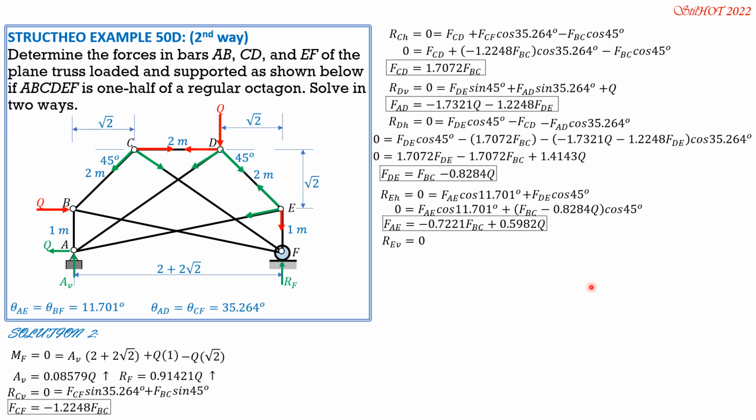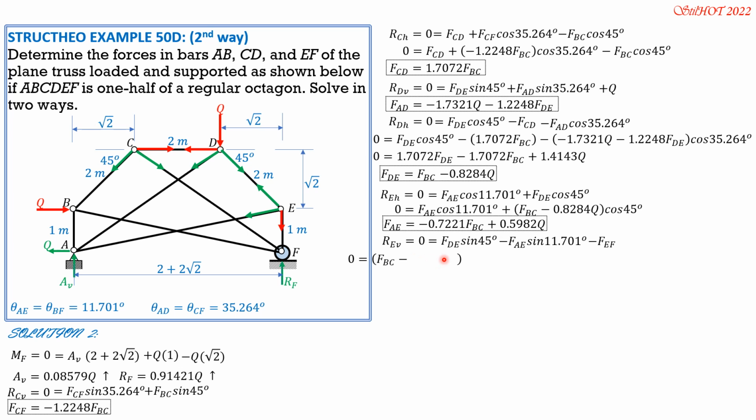Then RE vertical equals 0. So 0 equals the vertical component of FDE, FDE sine 45, minus FAE sine of 11.701, then minus FEF.